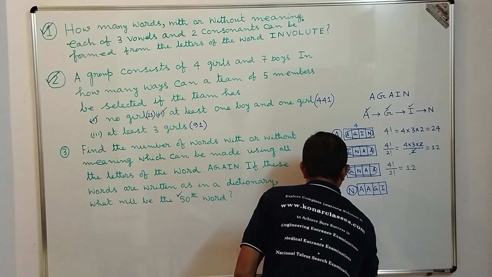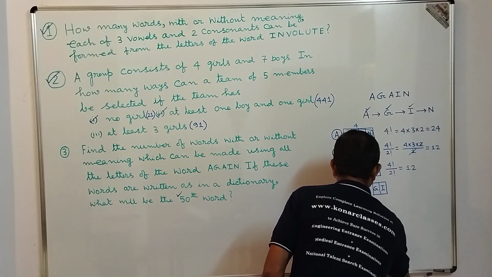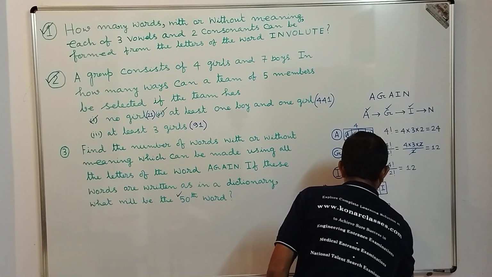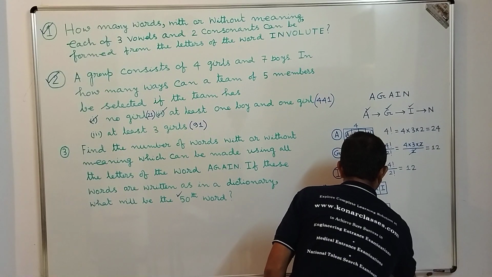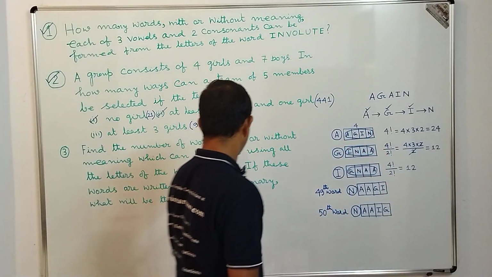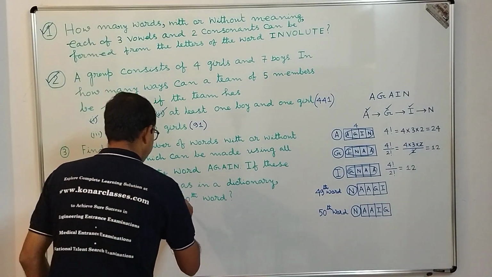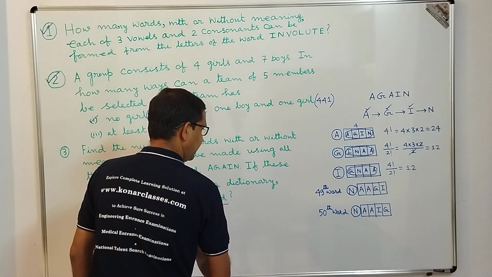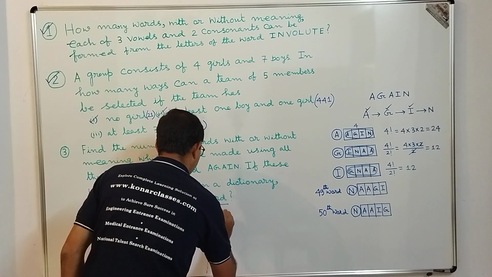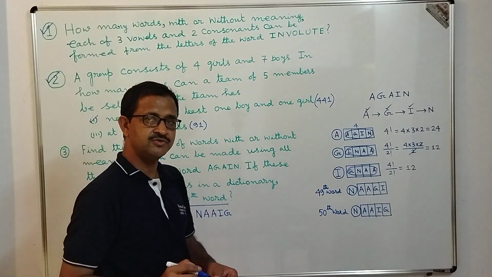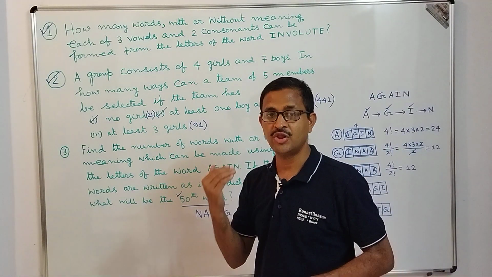So the 50th word will be N as it is, then A, A, I and G. So the answer to the question, what will be the 50th word? The 50th word will be N-A-A-I-G.